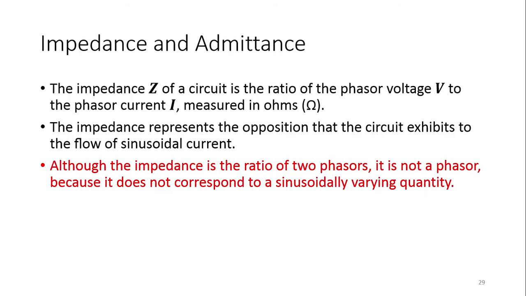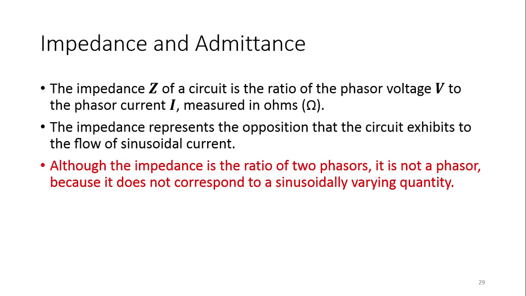And mentioning sinusoidal is also important because impedance is frequency dependent, and for DC quantities we do not have any frequency. Although the impedance is the ratio of two phasors, it is not a phasor. This is an important point to consider, because a phasor must correspond to some sinusoid, but impedance is not a sinusoidally varying quantity. It is a constant quantity for a given frequency.